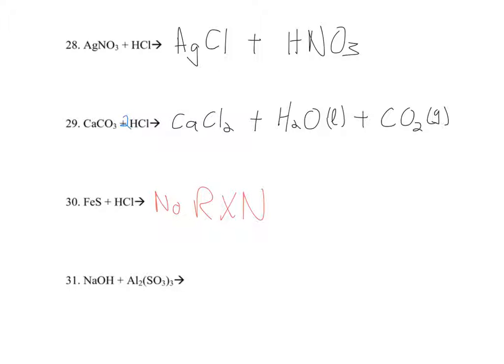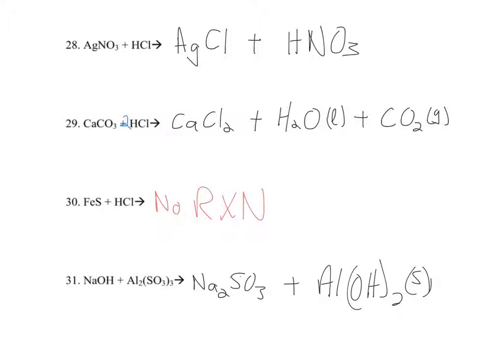In the next problem, we have a sodium sulfite, and that goes to aluminum sulfite, and that should make a reaction because you get the aluminum hydroxide to form. And that will be your precipitate.